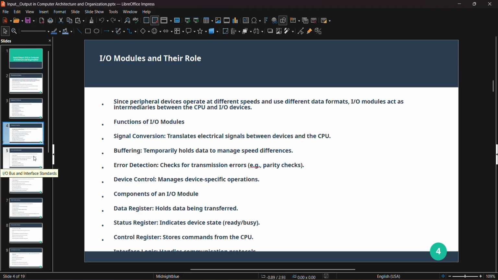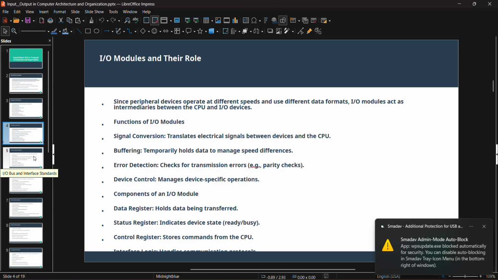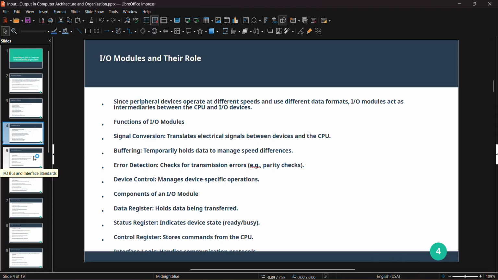Now let's quickly look at modules and their roles, starting with the functions of input output modules. We've already mentioned error detection, buffering, and device control in the previous slide, so we'll skip that. Let's move on to the components of an input output module. What makes up an input output module? We have the data registers, the status registers, and the control register. The data register holds data being transferred, and the status register indicates the device state.